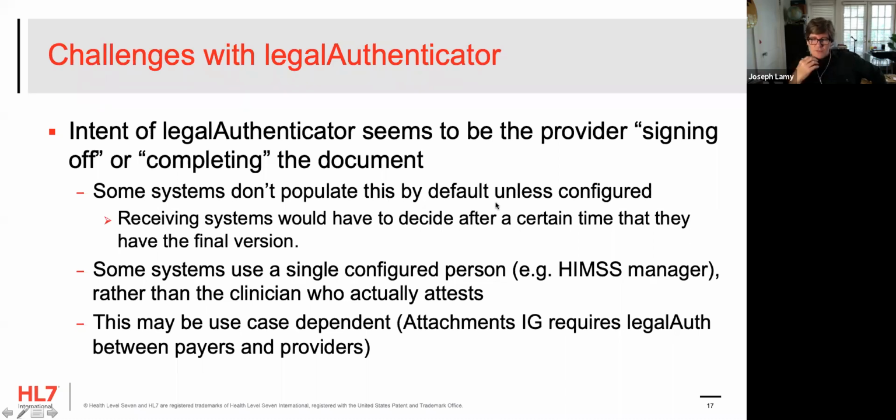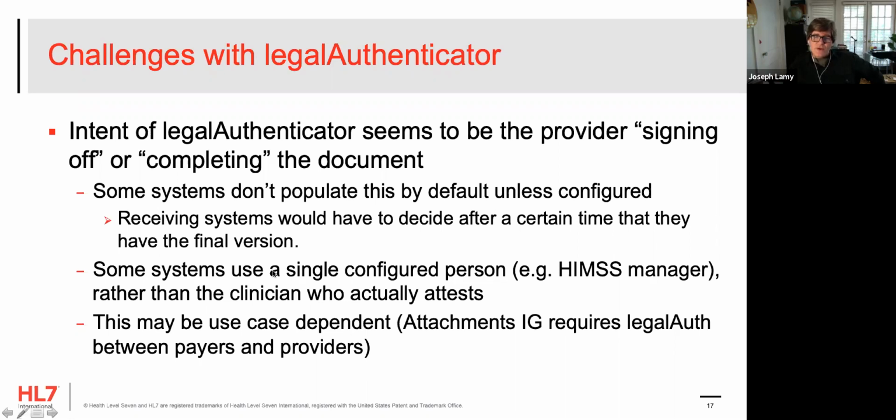So they'll respond and generate an encounter summary, but unless you've set it up to do so, maybe the only way you know it's done is that there happens to be an end date, or it might be authenticated. You have an author, but it might not have a legal authenticator.